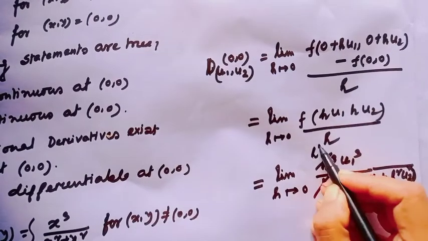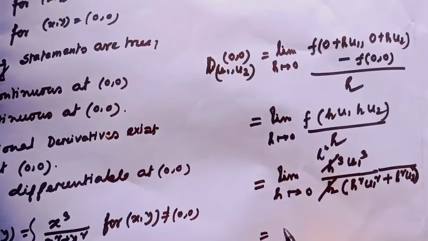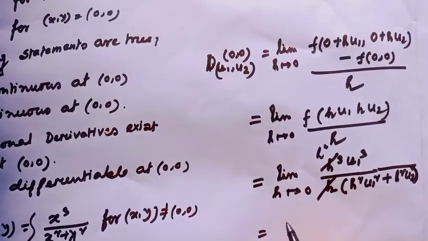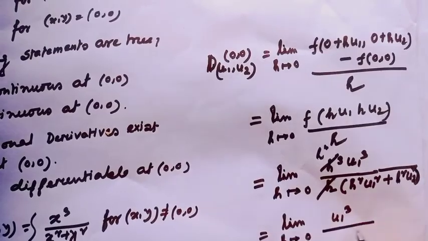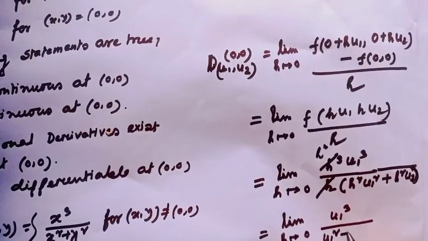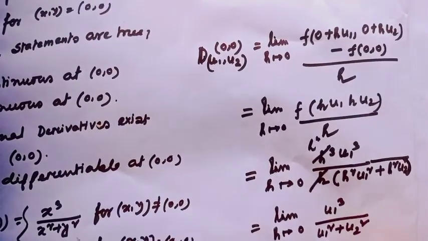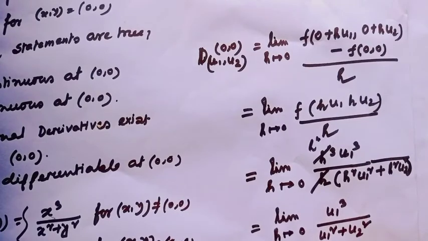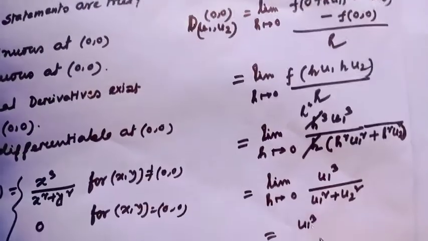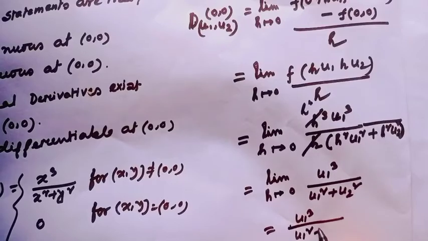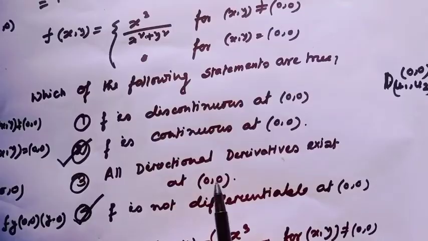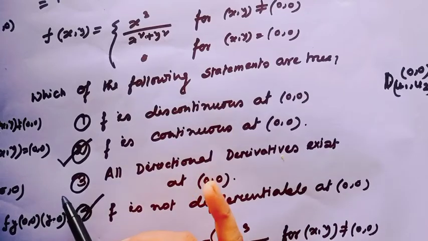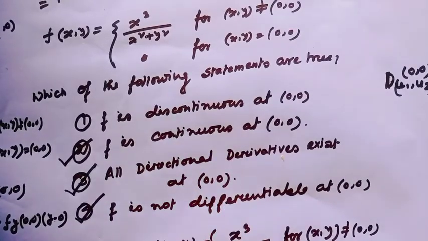After simplifying, this value will be u1 cube over u1 square plus u2 square, which is always a finite value. So all directional derivatives exist at the point (0, 0). This option is a true option.